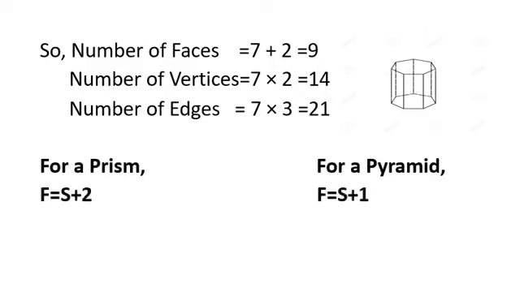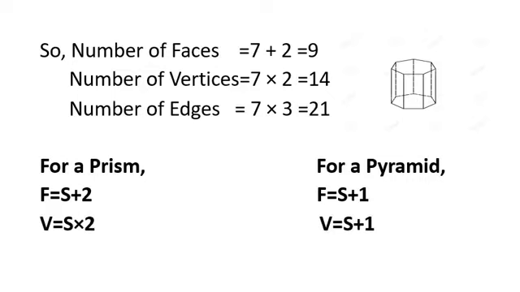For a prism, F is given by s plus 2, where s is the number of sides of the base. Here, as I have taken the example of a heptagonal prism, first of all you should know s, the number of sides in the base, which is 7. So it will be 7 plus 2, that is 9, and for a pyramid it will be F is equal to s plus 1.